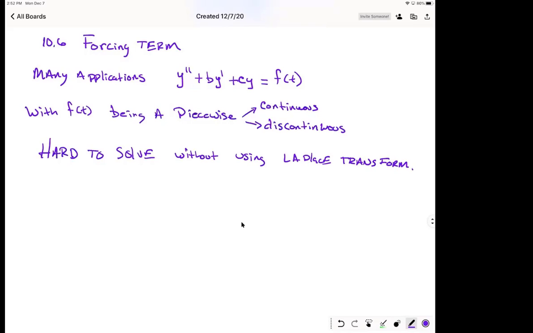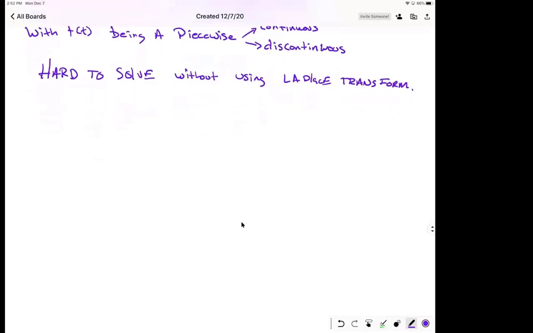They're often difficult to solve even with a Laplace transform, to be honest. But we'll do our best with the Laplace transform. And so this term forcing term comes from the f of t. I should use lowercase f. This f of t is often called the forcing term.